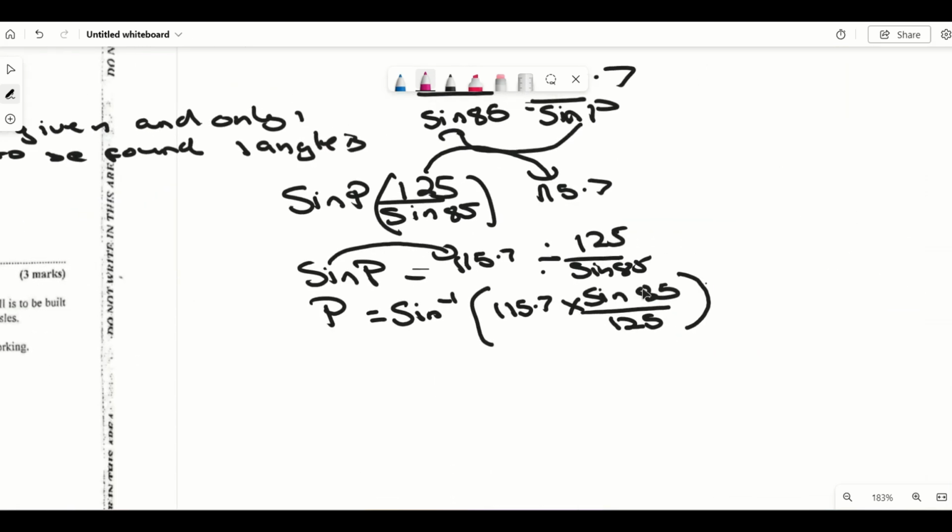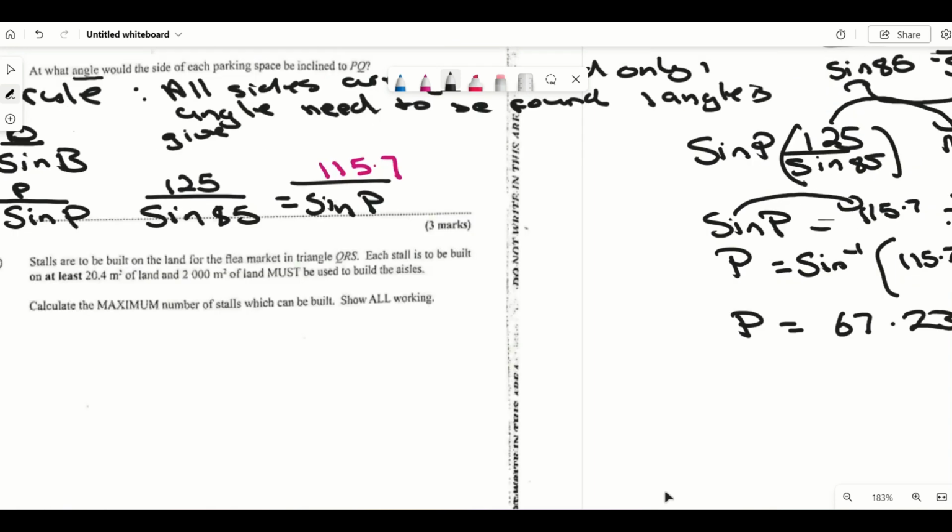And then you put this in your calculator, sine inverse, open bracket this, and you will get P is equal to 67.23 degrees. And that would be your answer for what angle was the incline, 67.25.